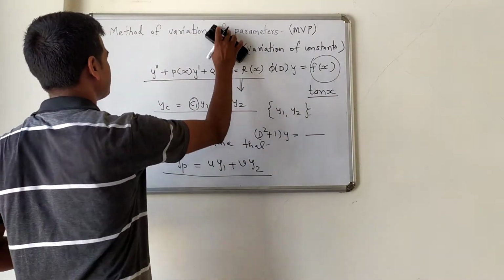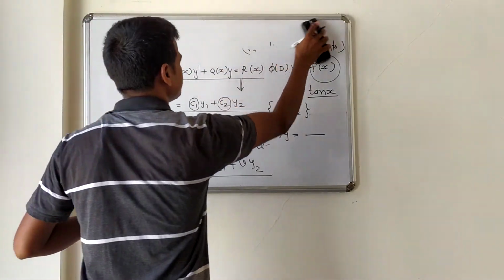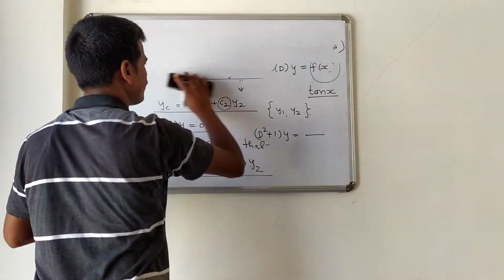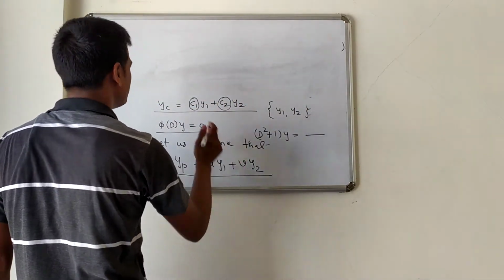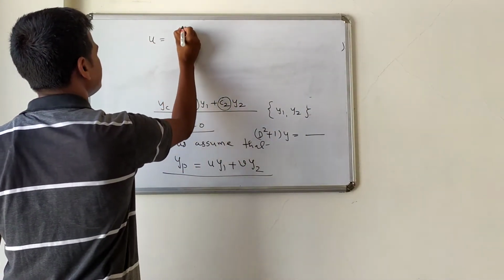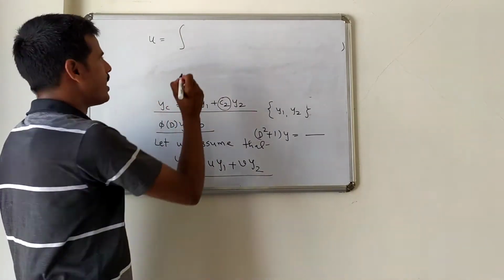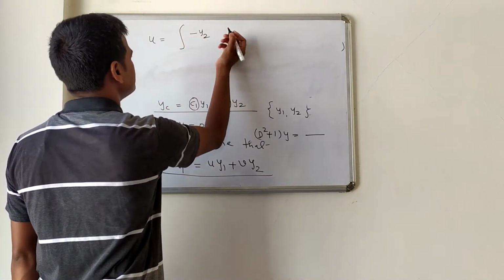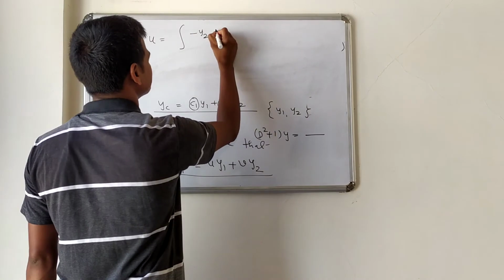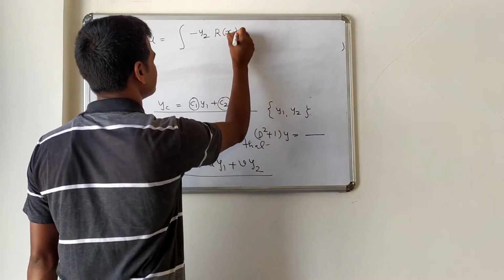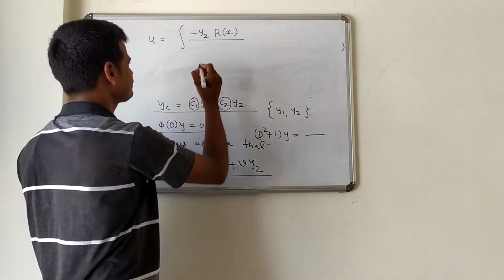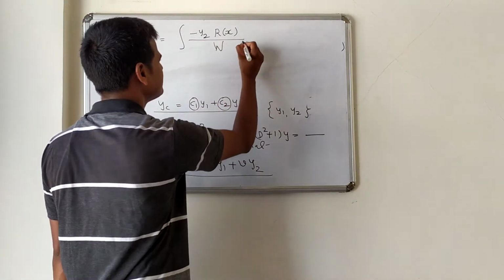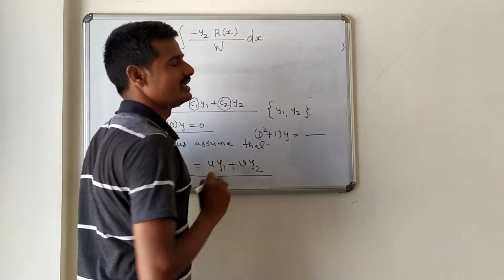Let us see. u is given by this formula: u is integration of minus y2 times r of x, where r of x is the function given on the right hand side, divided by the Wronskian, into dx.